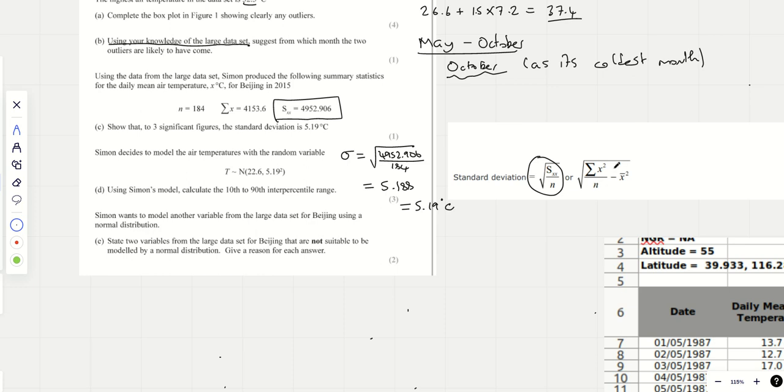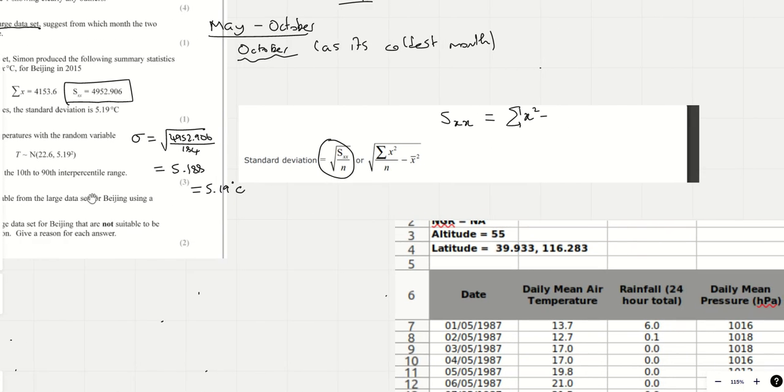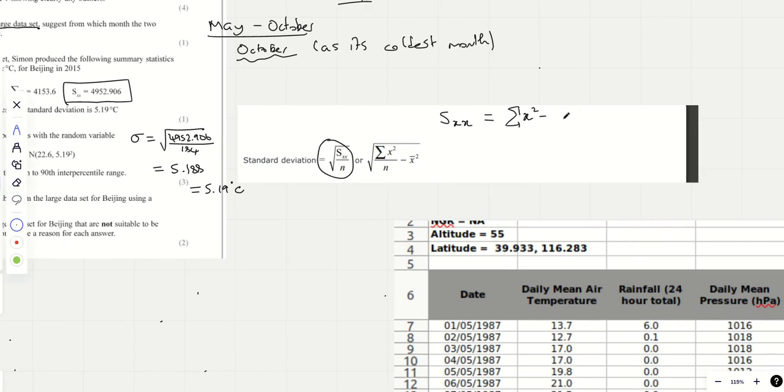This is the formula we normally use, but this is the alternative formula, and that's because Sxx is basically sigma x squared minus, and let me just write this down over here, (sum of x) squared over n.